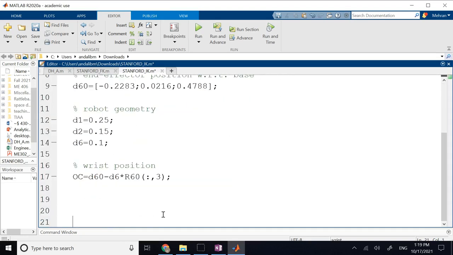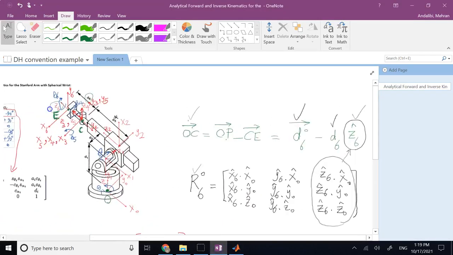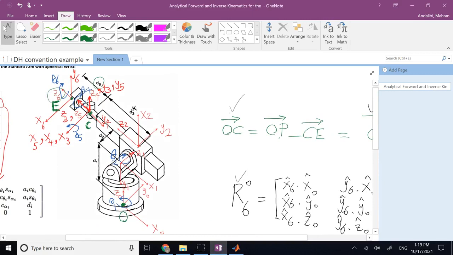Okay, so now that I found the wrist position, I know that the wrist position is only a function of the first 3 variables, right? Because if you look, only rotation theta 1, rotation theta 2, and the prismatic variable D3 are going to affect the location of the wrist.